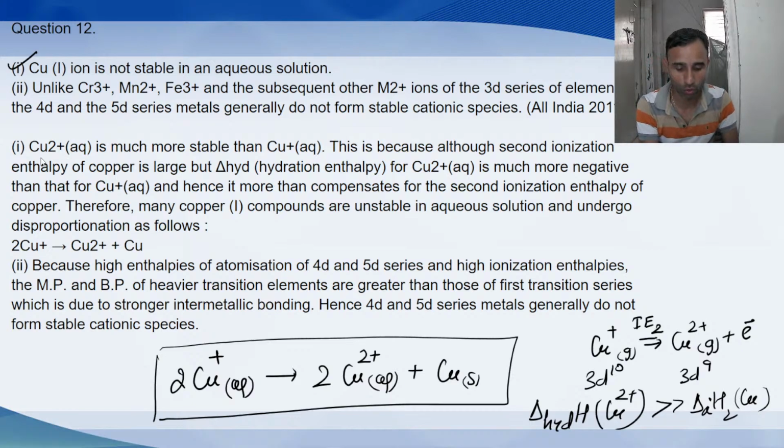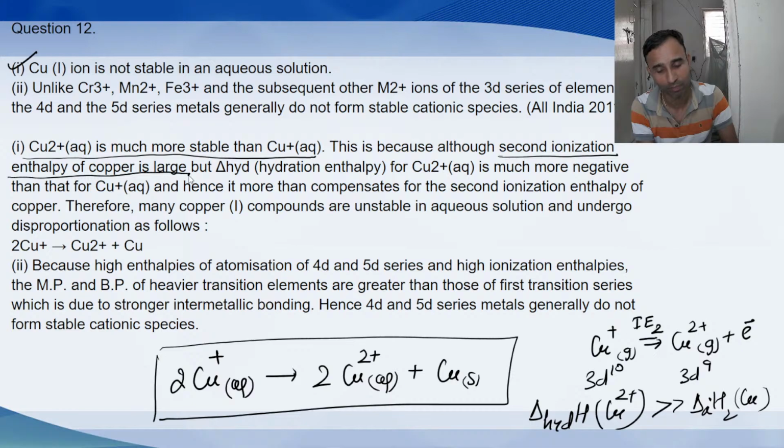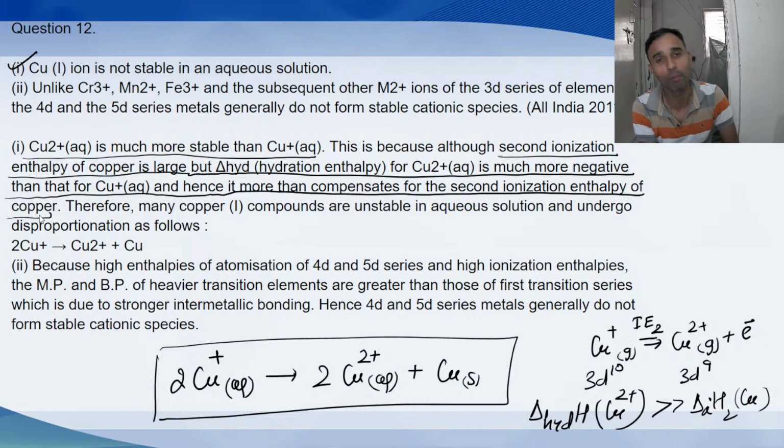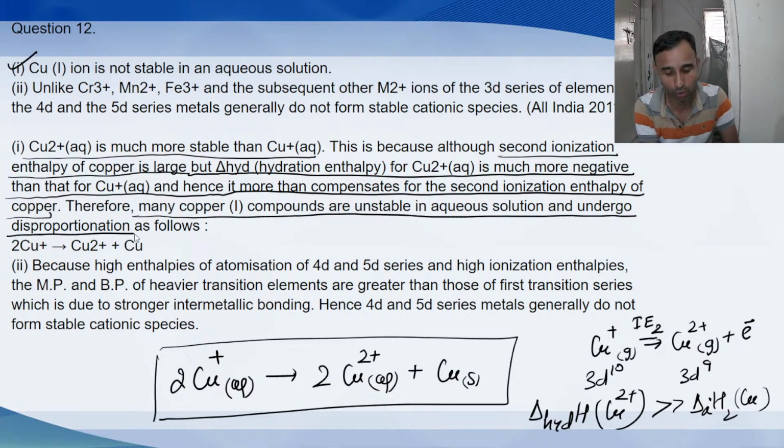See, copper 2 plus is much more stable than copper 1 plus aqueous, because although the second ionization enthalpy of copper is large, the hydration enthalpy of copper 2 plus is much more negative than that for copper 1 plus, and it more than compensates for the second ionization enthalpy of copper. And that's why many copper 1 compounds are unstable in aqueous solution and undergo disproportionation as follows.